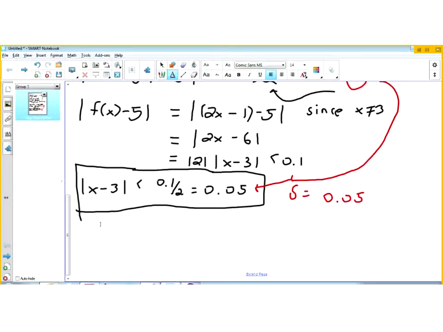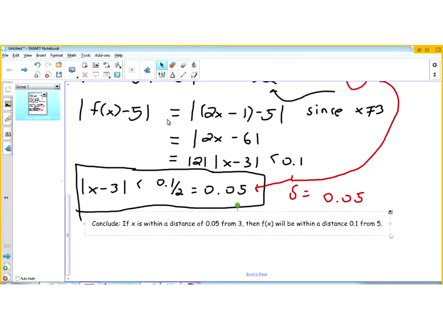We can conclude if x is within a distance of 0.05 from 3 on either side of 3, then f of x will be within a distance 0.1 from 5. Okay, so that's how it works. Okay, all right.